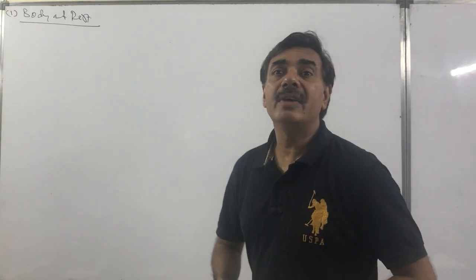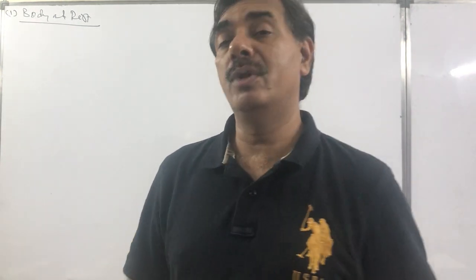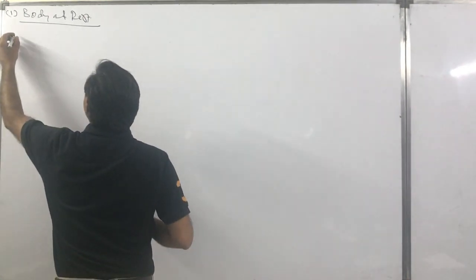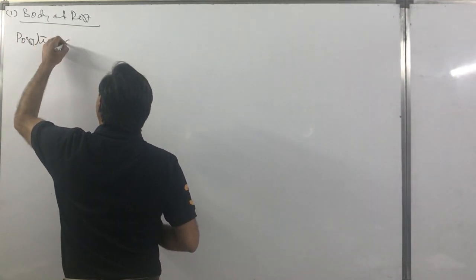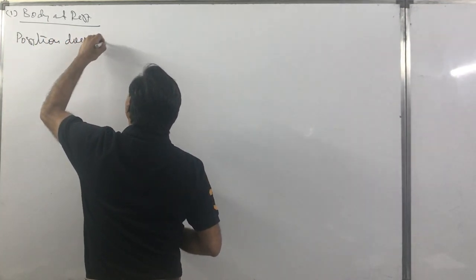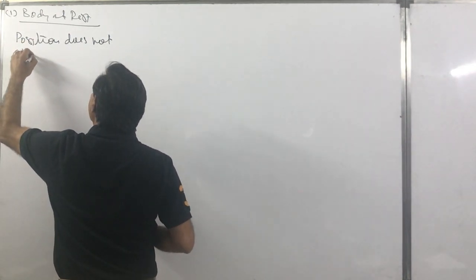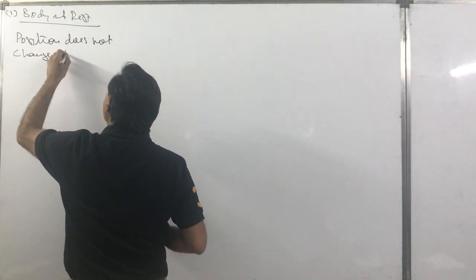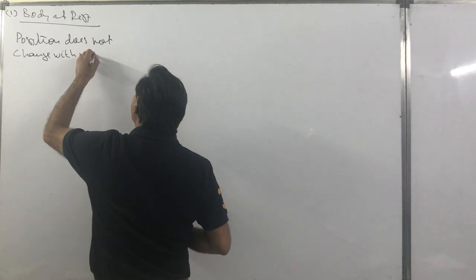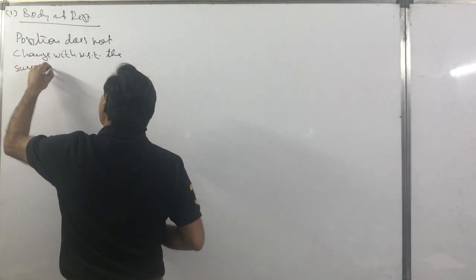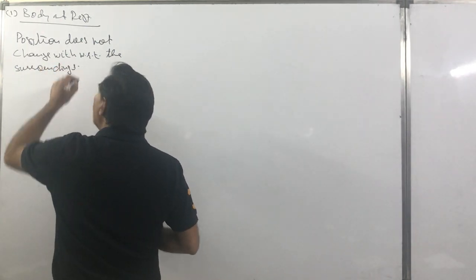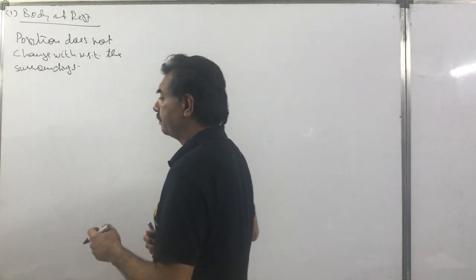A body is said to be at rest if its position does not change with time, with respect to the surroundings. Okay, we'll write it down. Position does not change with time, with respect to the surroundings, or any reference point.